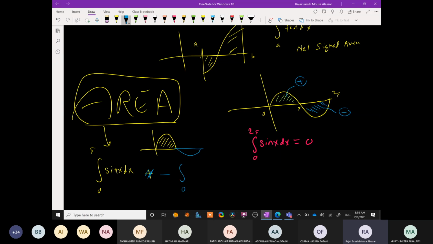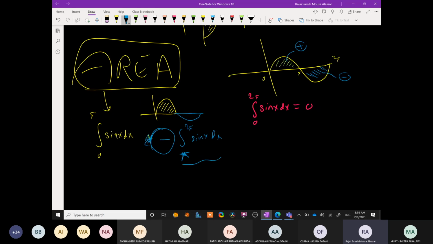So this is the integral from pi to 2 pi of sine x dx, because the answer is going to be negative, and then you need to multiply this by a minus sign. So this is already negative, and with the minus sign it becomes positive. So actually you will get 2 times the area from 0 to pi of sine x dx, and this is what we call the area.